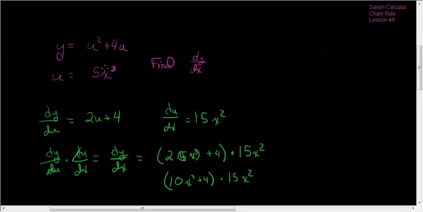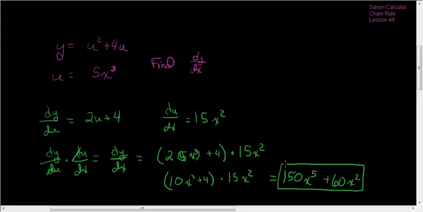So this would be using Leibniz notation. And apparently the textbook continues to multiply that. 15 times 10 is 150x to the 5th plus 15 times 4, 60x squared. Right, so there's my final answer. And so that's an example of Leibniz notation.